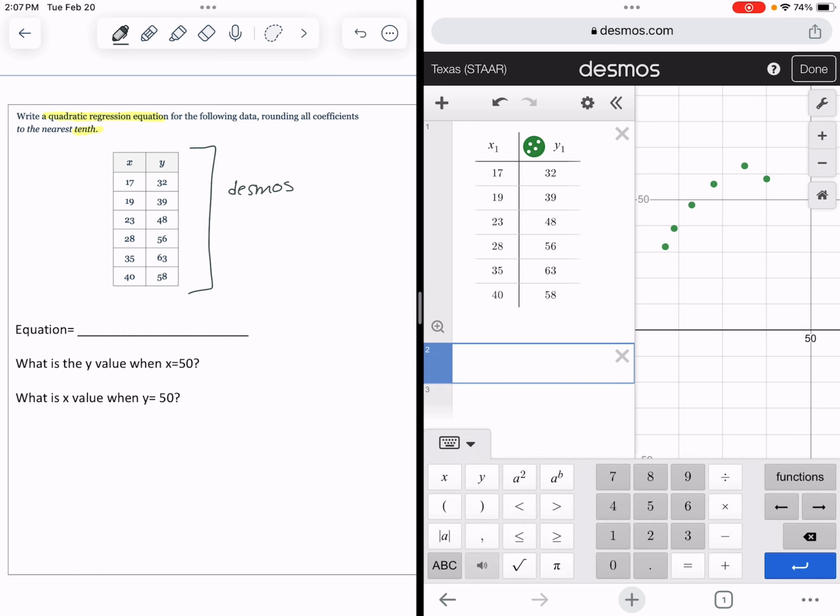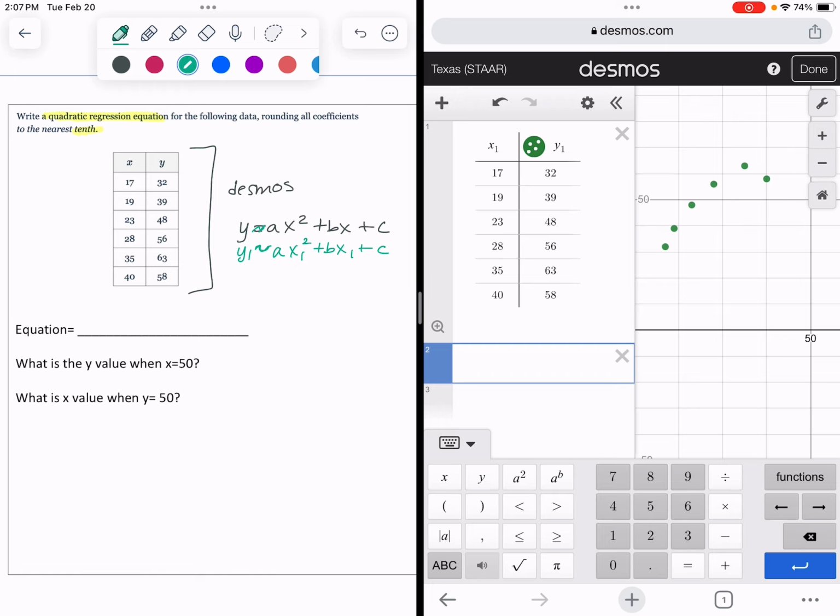And so to get the equation, we refer to the table by, we want an equation that looks like ax squared plus bx plus c. And so to type this into Desmos and refer to that table, we have to put y1 and then a tilde symbol, and then a x1 squared plus bx1 plus c.